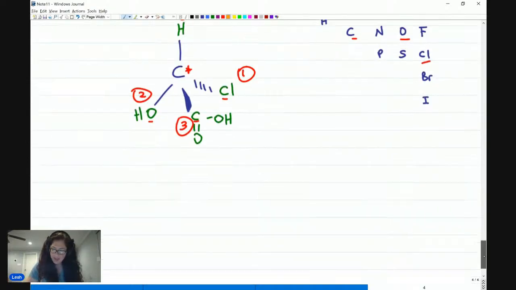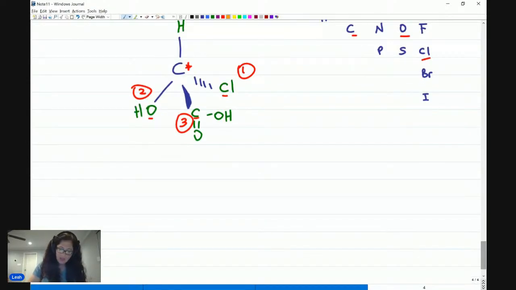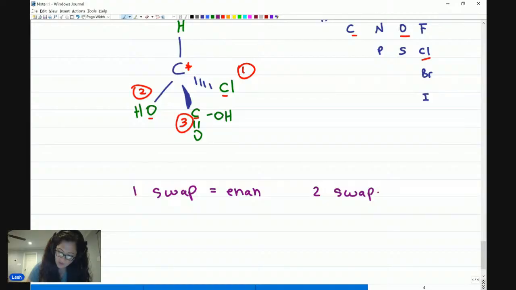If I take a molecule and I do one swap, I will turn that molecule into an enantiomer of what it was. If I take that molecule and I do two swaps, meaning I swap and then another swap, no matter what that second one is, I wind up with the same thing that I started with.